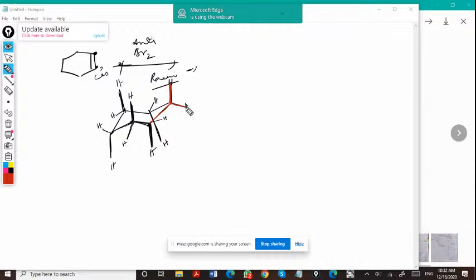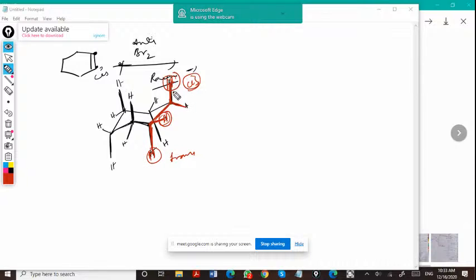This is the first position and this is the second position. If I need to place them on the same side, they must either both be above or both be below the plane. So if I place these two hydrogens' positions with the same group, it can be called cis. Otherwise, if I place one above and one below the plane, then it is called trans.